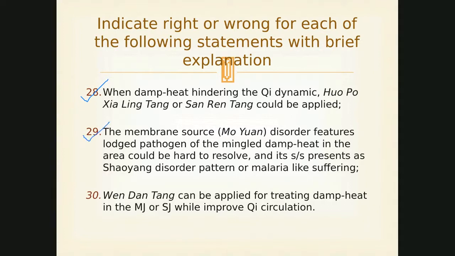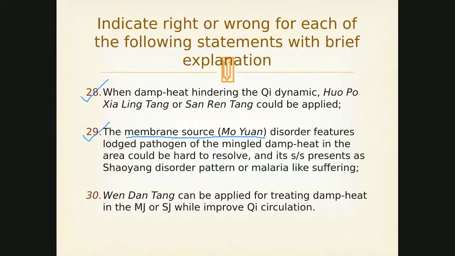This is basically clear. There are no very clear answers for the anatomic structure of the Mu Yuan at the moment yet. There are many different conceptual understandings, but basically it's an area which is very easy to accumulate these kinds of pathogens.